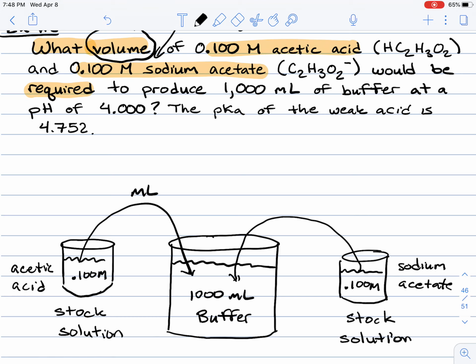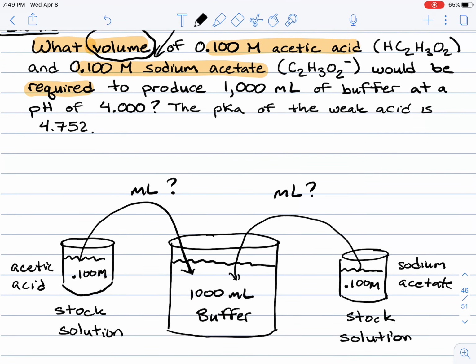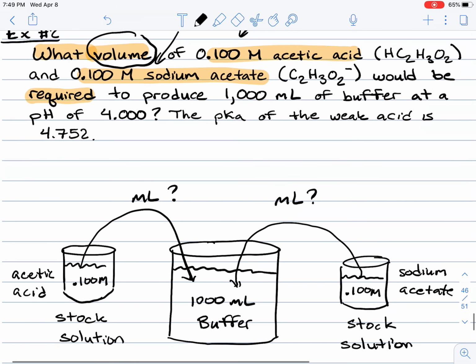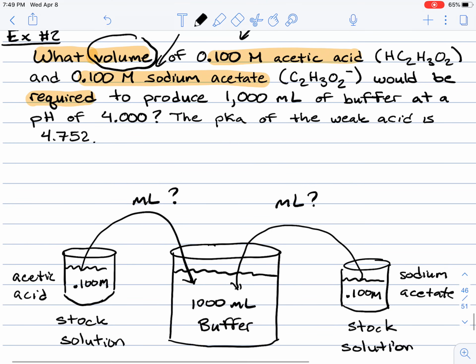Here what we're really trying to address is how much volume we need from both of these stock solutions to create our buffer. All right, because they gave me a pH of 4.00 and the pKa is 4.752, and since I'm working with a buffer system, all of these clues lead me to think about the Henderson-Hasselbalch equation.